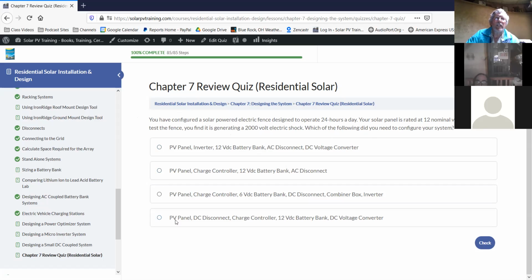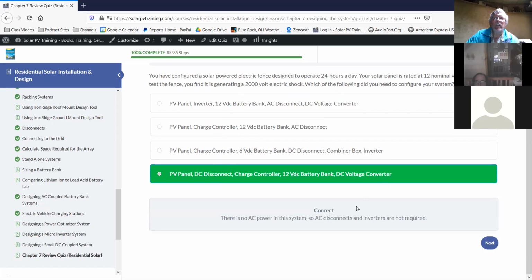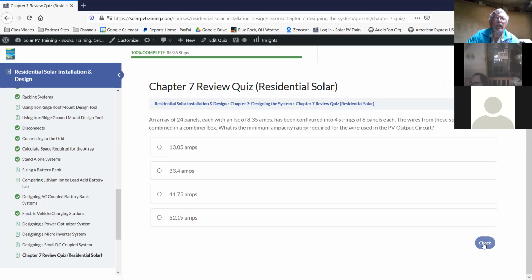So you look through all of these, and it turns out the last one, the PV panel, a DC disconnect, charge controller, 12-volt battery, and a voltage converter is going to be your right answer. Everything else has some AC stuff, like an inverter and AC disconnects. Well, there's no AC in this system. So this is a total DC system. It's just asking you to put a little logic into it. If you go to Tractor Supply and buy one of those DC voltage electric fence units, that's what you're going to be getting in your packet there.